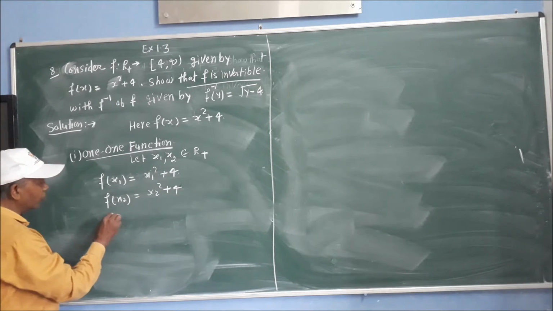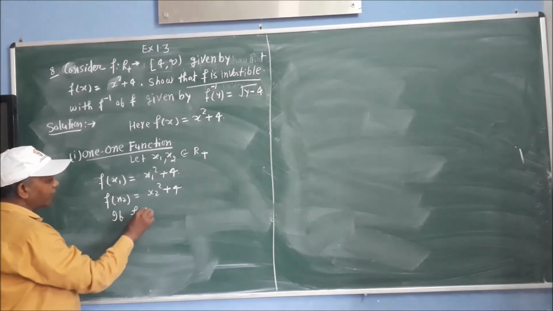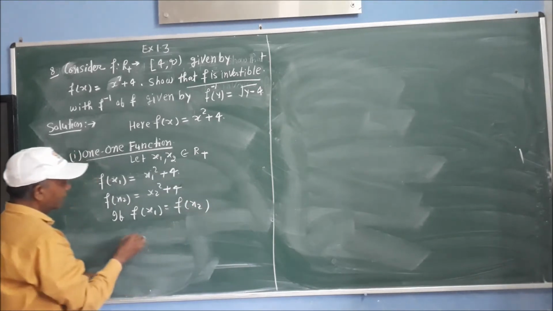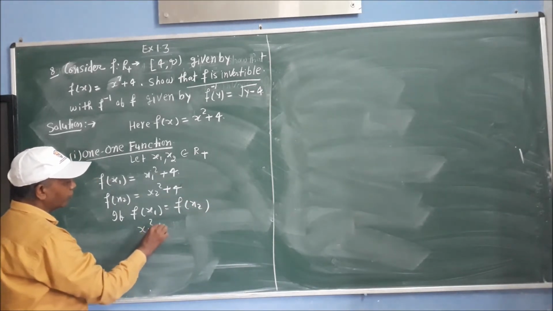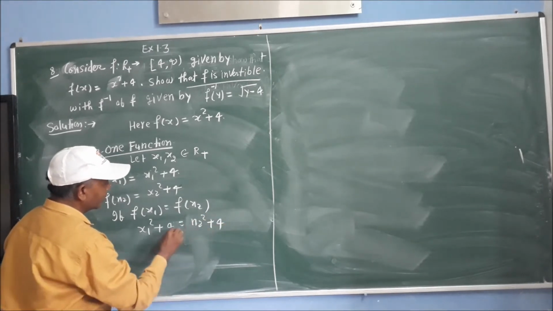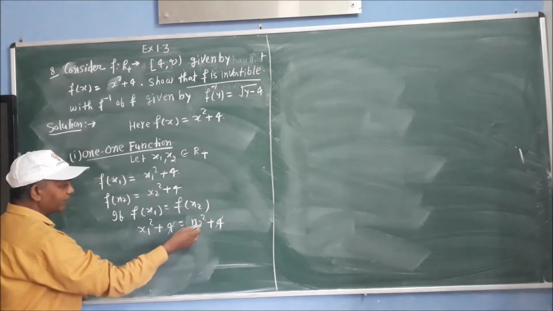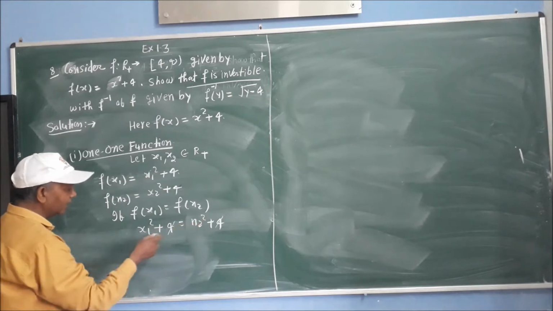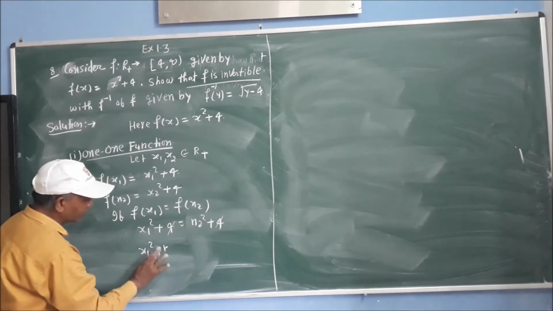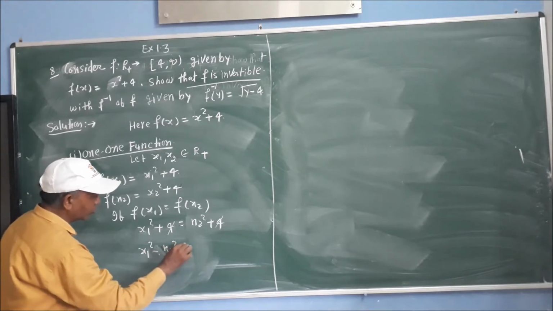So suppose f of x1 is equal to f of x2, then we can write x1 square plus 4 is equal to x2 square plus 4. And this 4 will be cancelled. Take x2 square to the LHS, so we can write x1 square minus x2 square must be equal to 0.